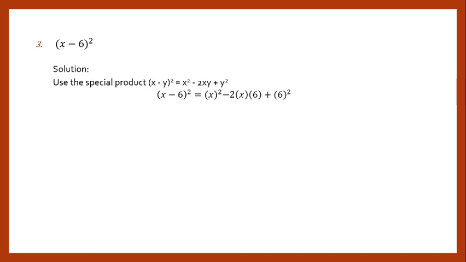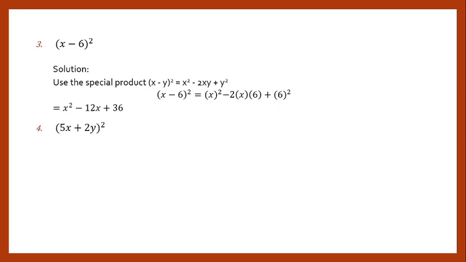So we have x squared minus 2 times x times 6 plus 6 squared. Okay, dapat tama yung signs na ginagamit for the special product na susundin. So your answer would be x squared minus 12x plus 36. You can use the FOIL method to check, pero parang mas madali ito, special products.